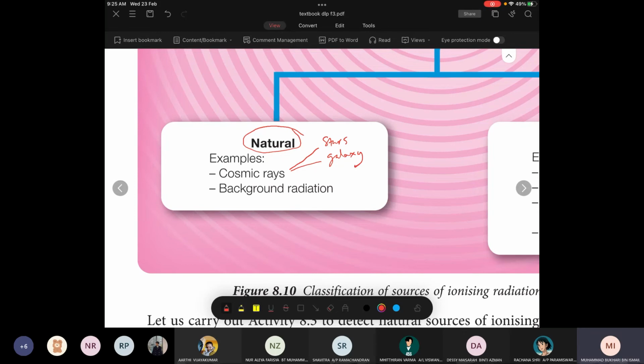So that is why we have radiation which comes from space. But we have an electromagnetic field around the Earth. That is why the amount of cosmic rays that reach us can be reduced.